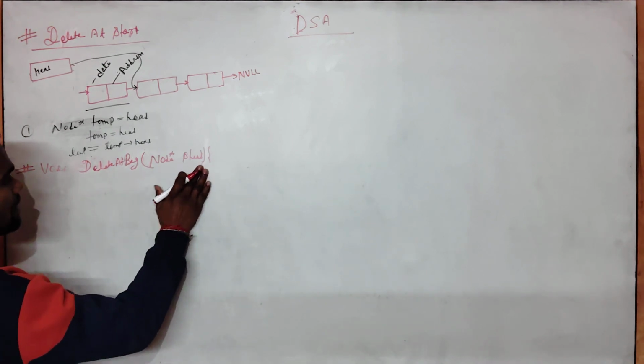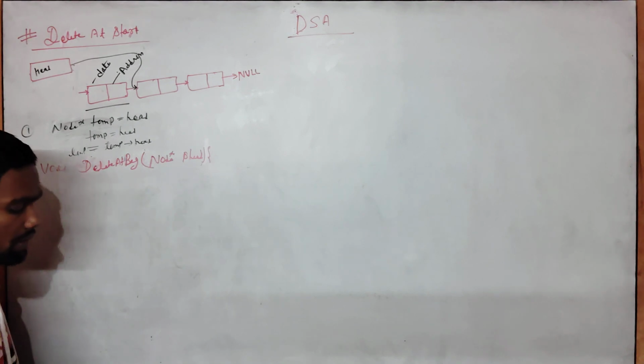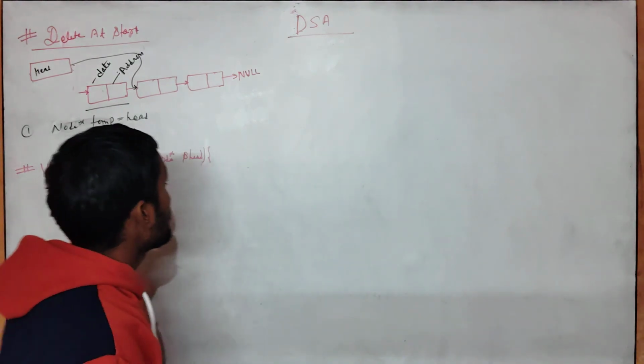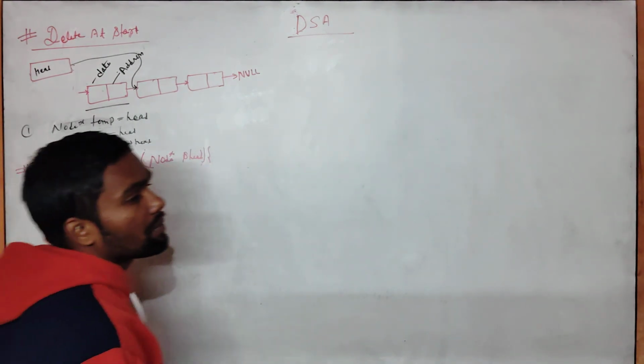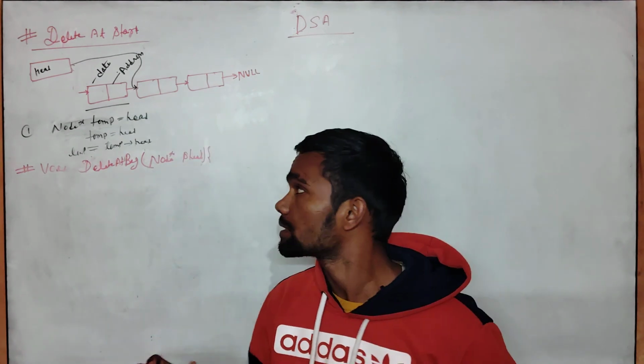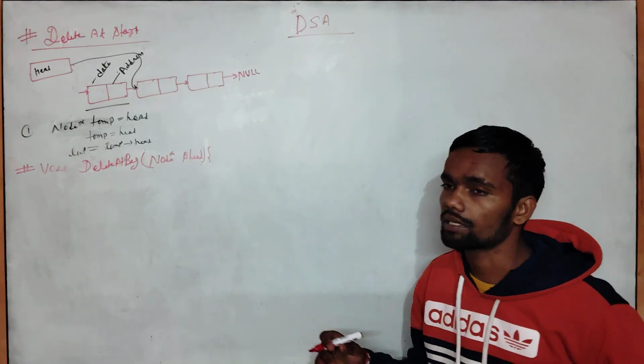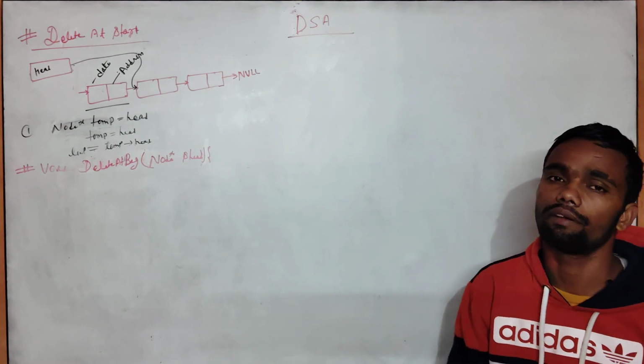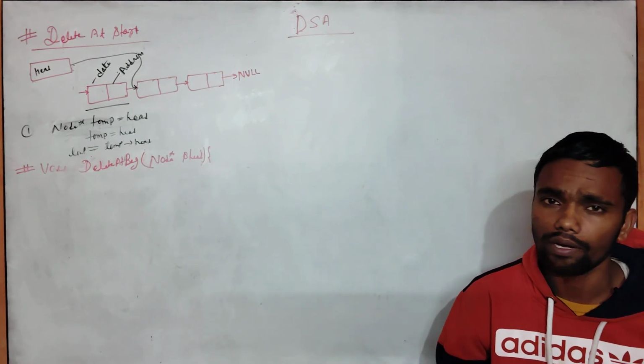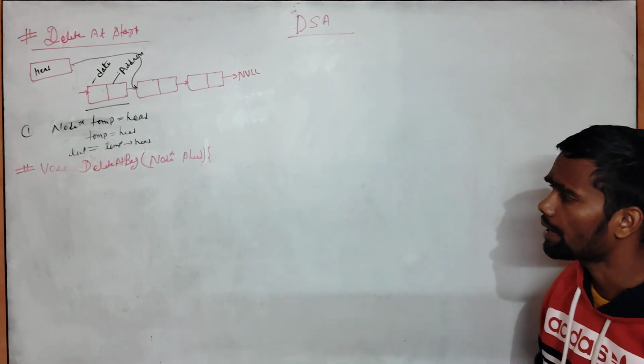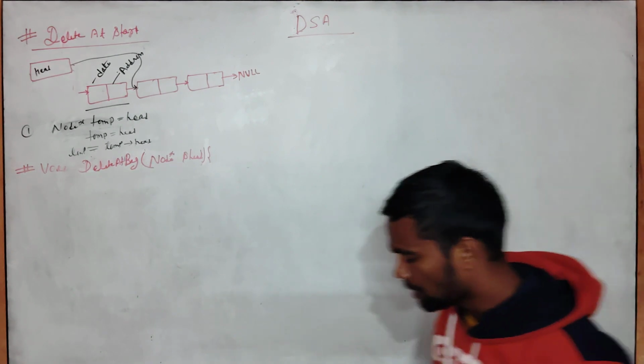I'm creating one function to delete the node. Firstly, you need to know we have some cases. What is the first base case? If your head is null, then what will you do? It will give underflow. What will we write here?